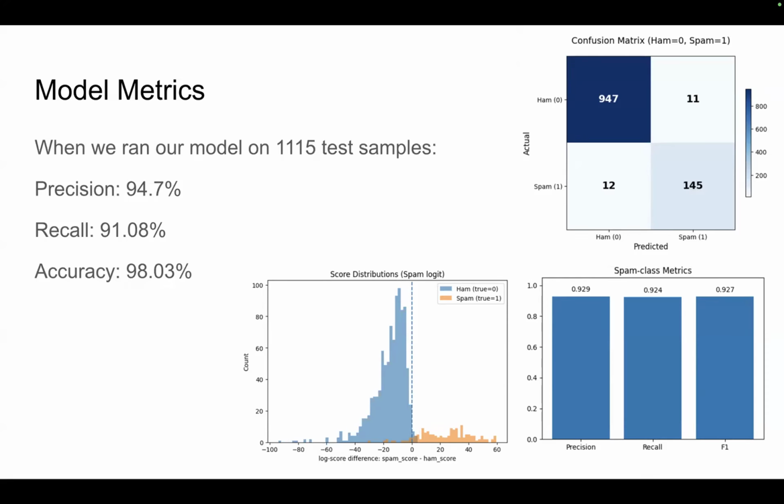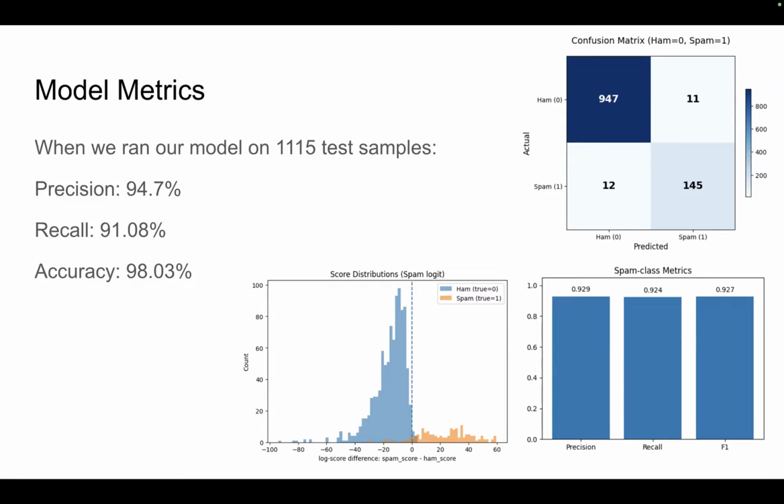And some of these diagrams that we have over here, first, the confusion matrix. There were 947 correctly recognized as ham, 145 correctly recognized as spam, 11 false positives, which are ham incorrectly flagged as spam, and then 12 false negatives, which is spam that slipped through as ham.